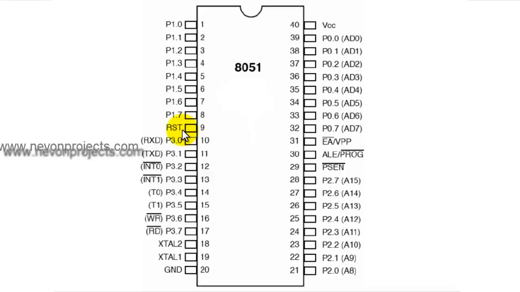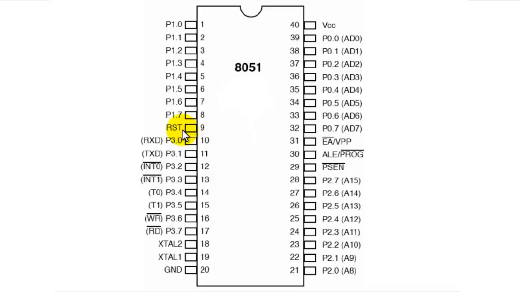Now the function of the interrupt is such that when a low pulse generates an interrupt, the 8051, whatever it is doing at that time, halts it and simply services this interrupt.